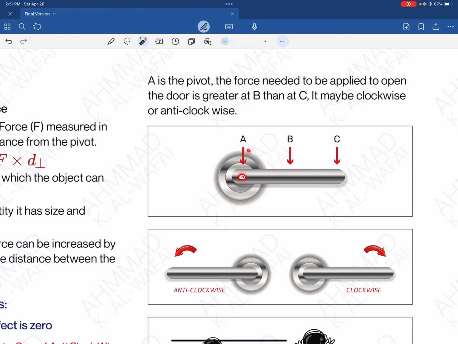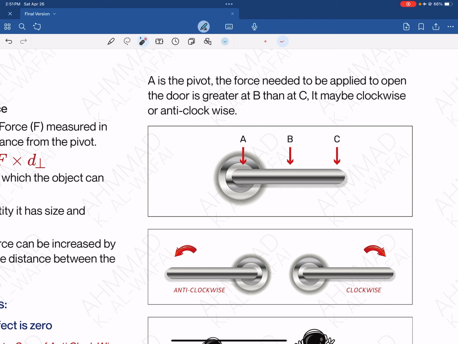This is the pivot, so the force is exactly passing by. Now we're using the same force at A, B and C. If you use B at this point, it's going to cause a turning effect, but it's going to be smaller than the turning effect caused at C. So C is going to have the greatest turning effect as it has the greatest distance. So that's the main idea.